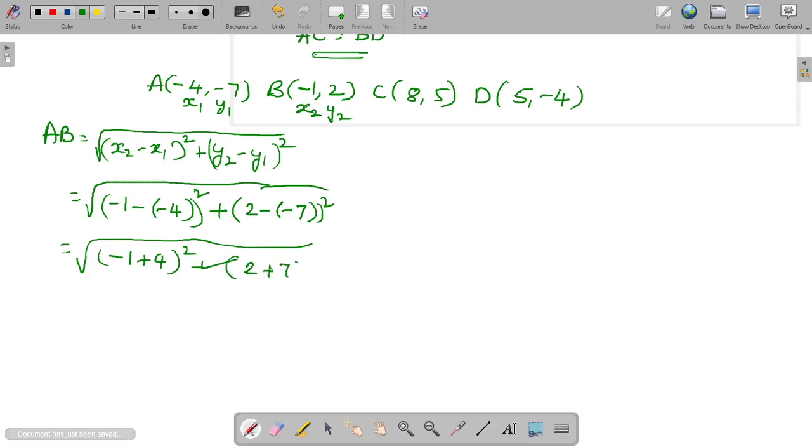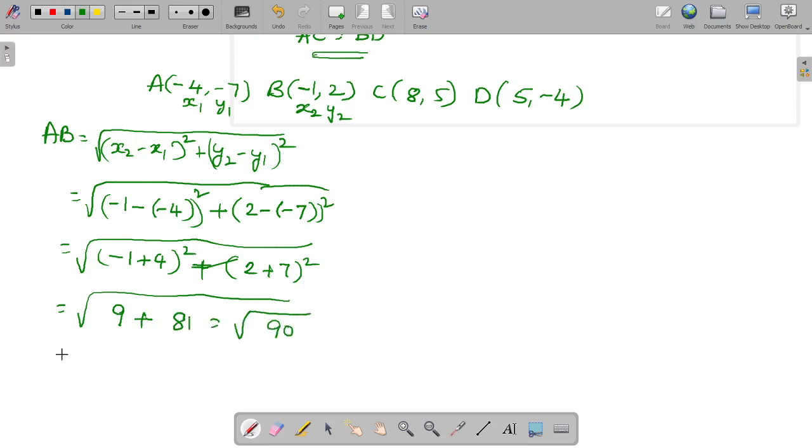That is 3 square, 9, plus 9 square, 81, which is the square root of 90. The square root of 90 is the square root of 9 into 10. Therefore, the value is 3 root 10.